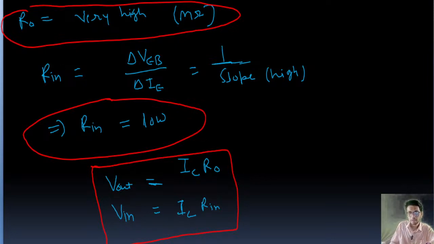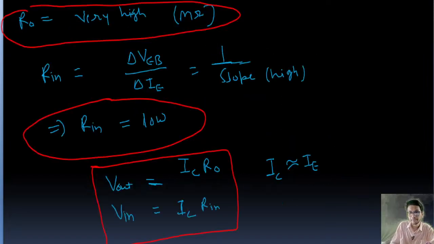Now since IC is almost equal to IE, R in is low and R output is high.